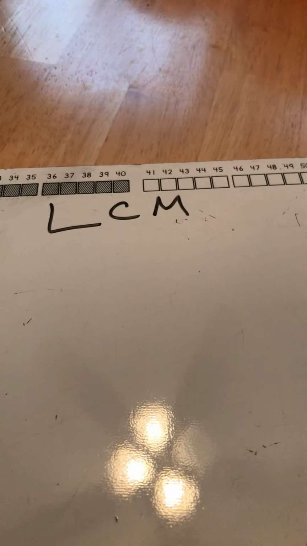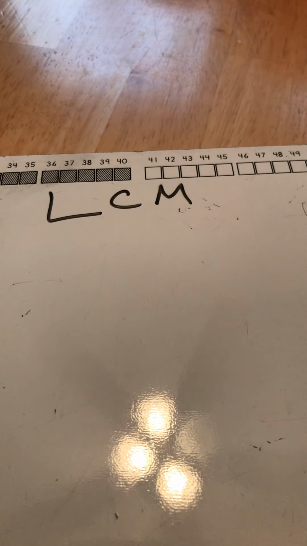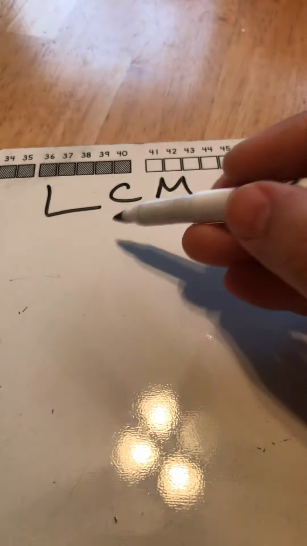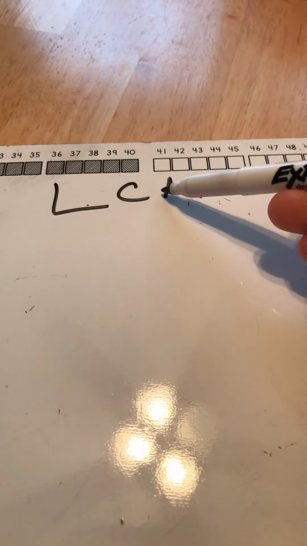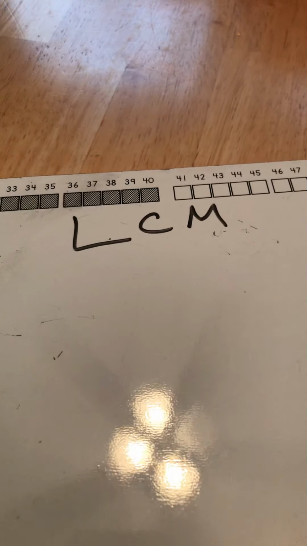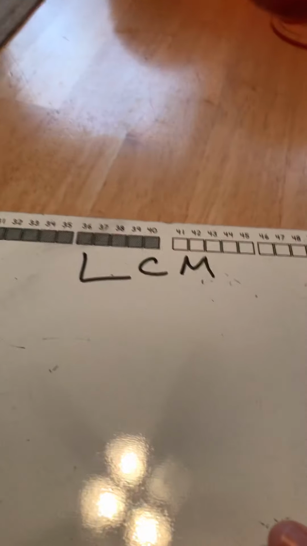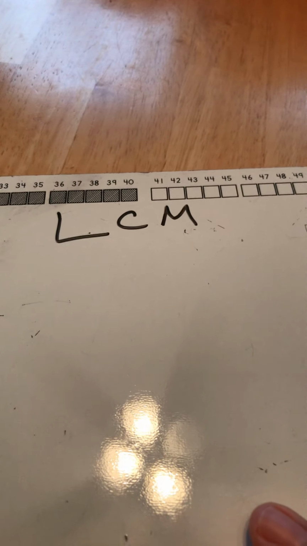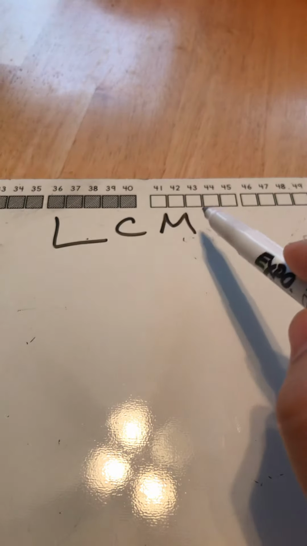So a lot of you had asked me some comments on last week's work, including the LCM, which stands for least common multiple. When we are faced with a fraction problem and we're trying to make the denominators equivalent or equal so that we can add or subtract those fractions, we need to find the least common multiple.